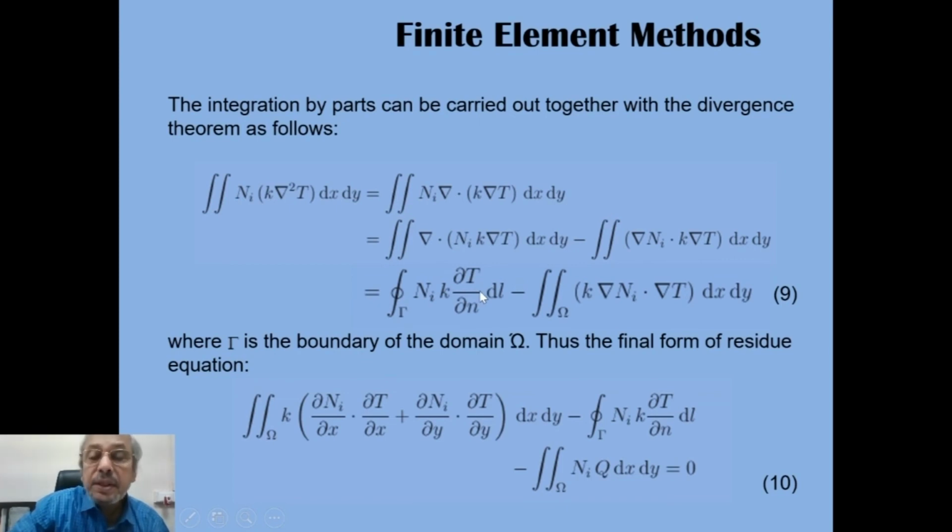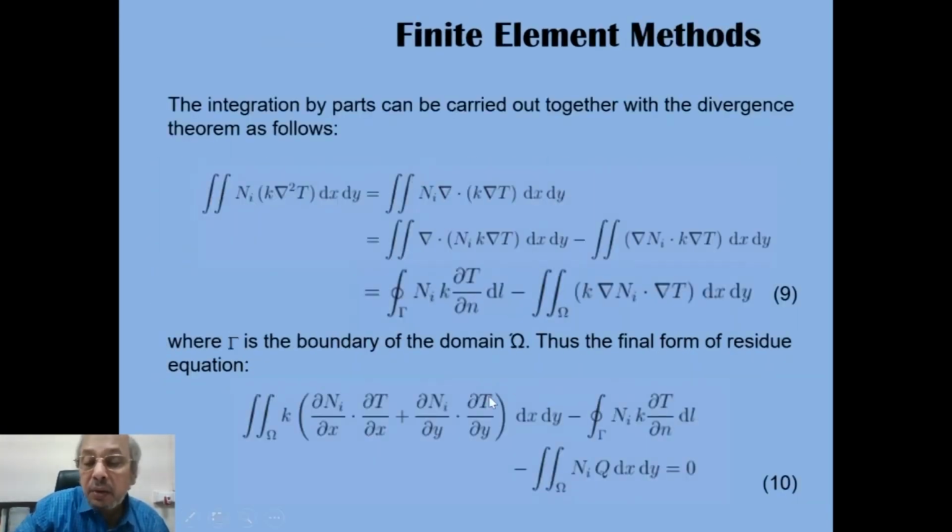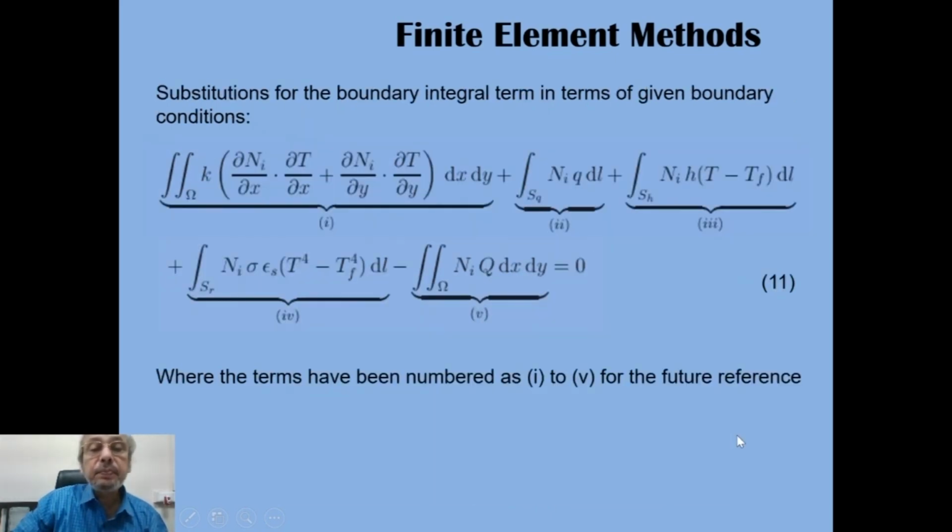In our original proposition, I'll go back again by 2 slides, we had a Q term, that is the heat generation term, and that Q term now will come here as minus the surface integral again Ni Q dx dy. So minus the double integral Ni Q dx dy. That makes now equation 10, which is the final form of the governing equation.